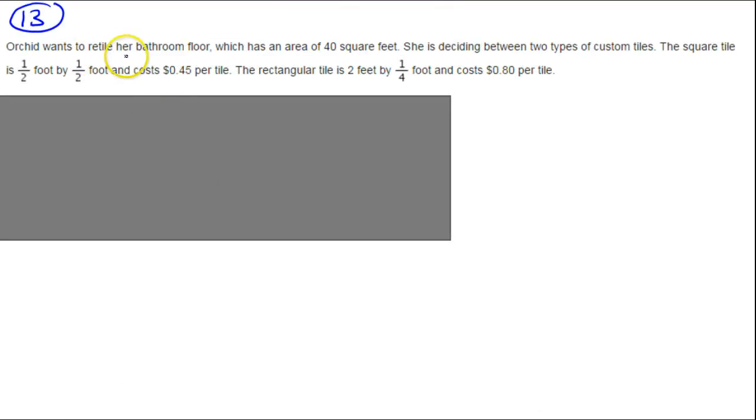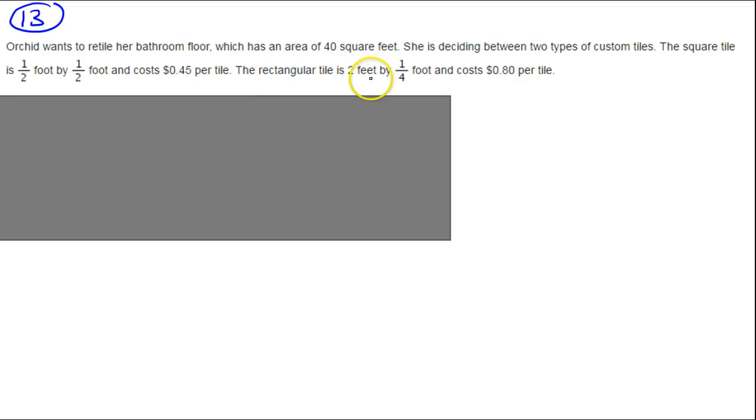Orchid wants to retile her bathroom floor, which has an area of 40 square feet. She's deciding between two types of tiles. The square tile is 1/2 foot by 1/2 foot and costs 45 cents per tile.